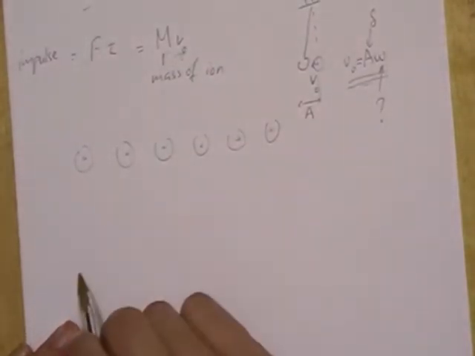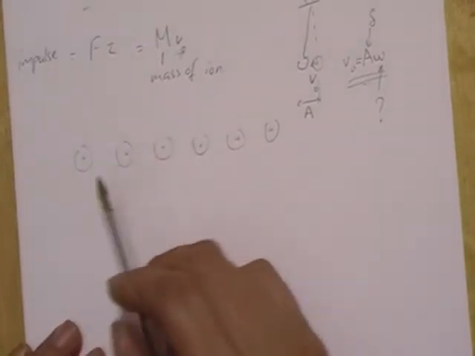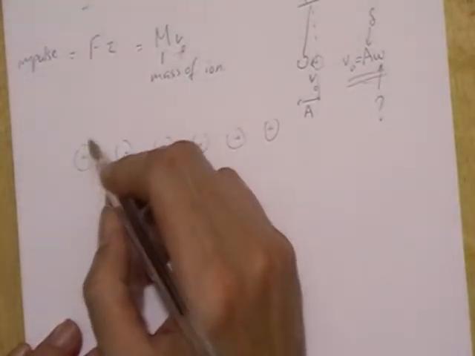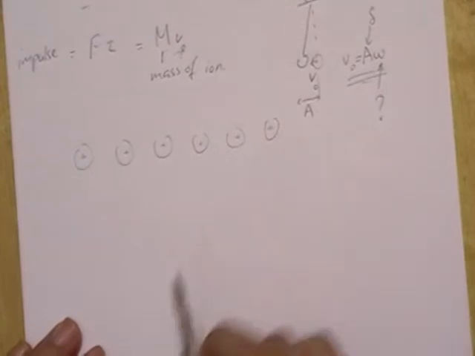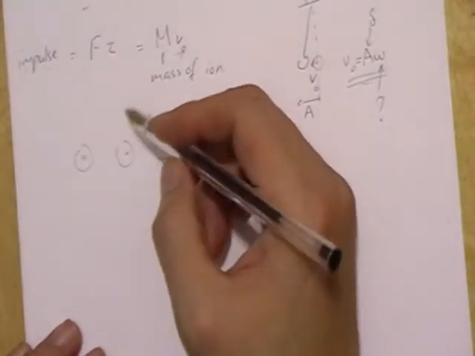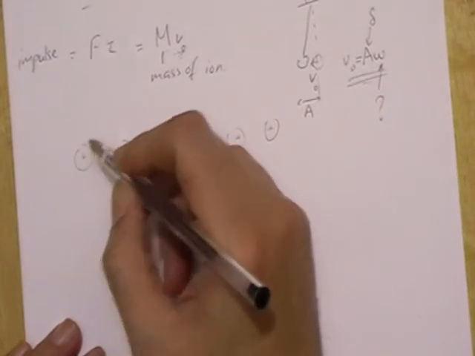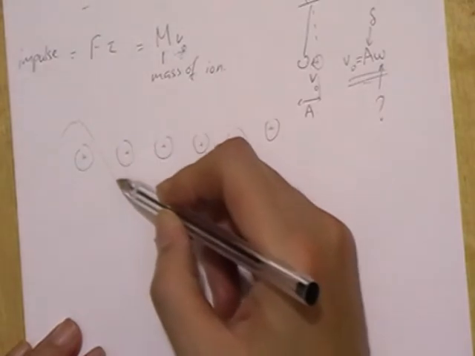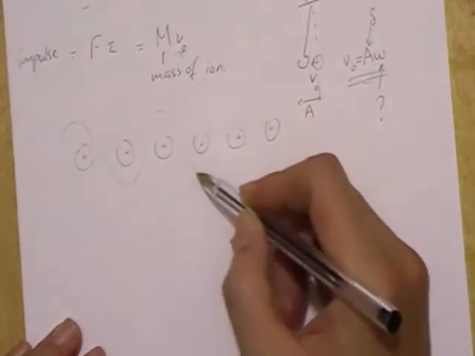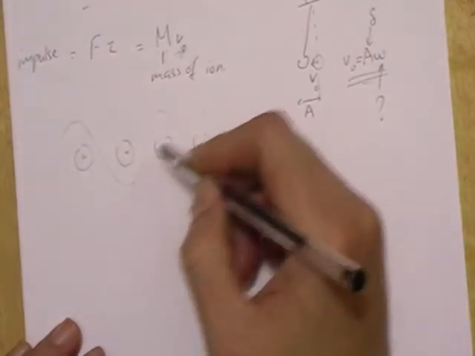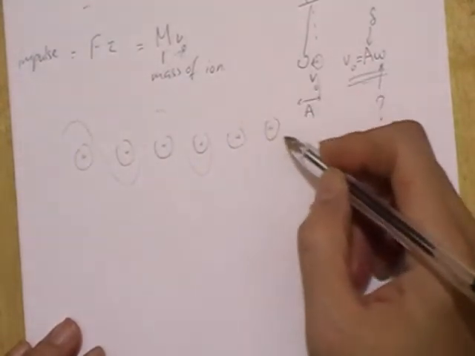Now think about the highest possible frequency. That would happen when we have the shortest possible wavelength. If it's a transverse motion, this would be the shortest possible wavelength, where this is displaced upward, this one down, up, down, up, down.